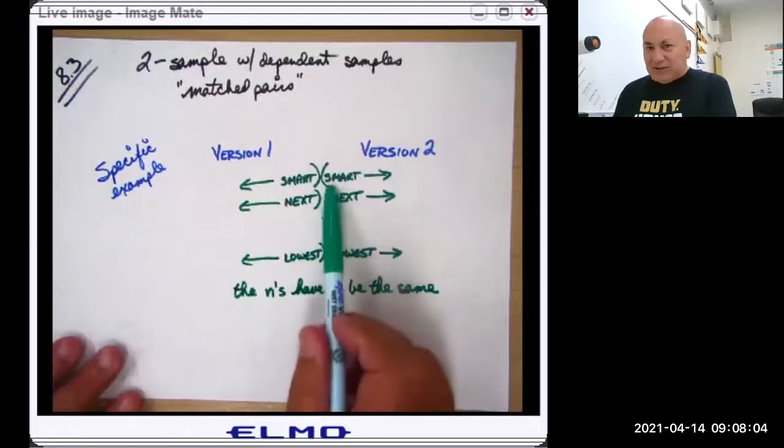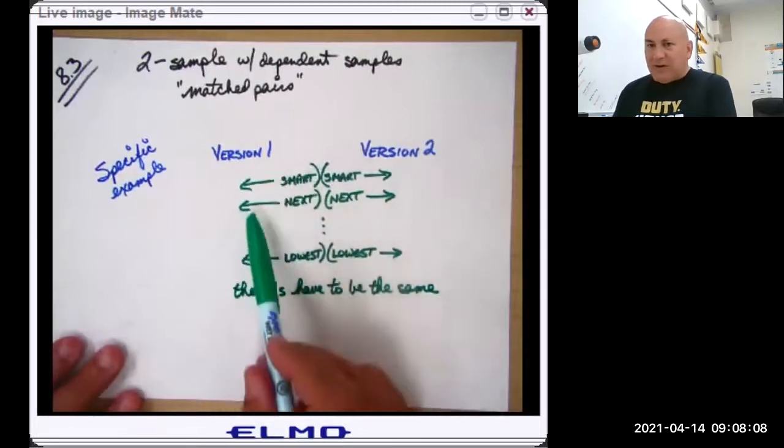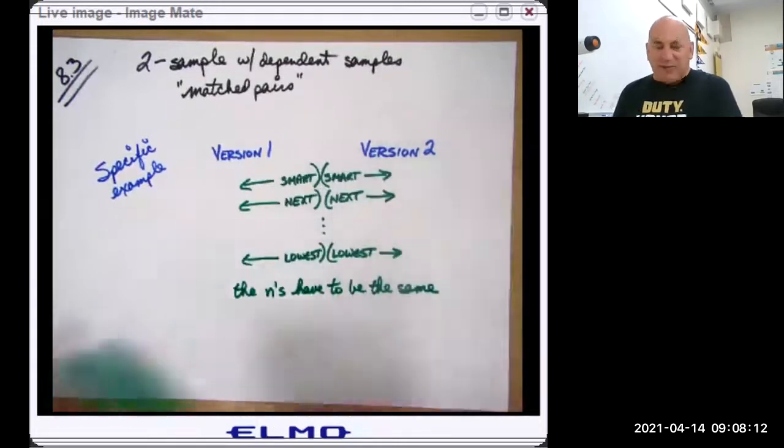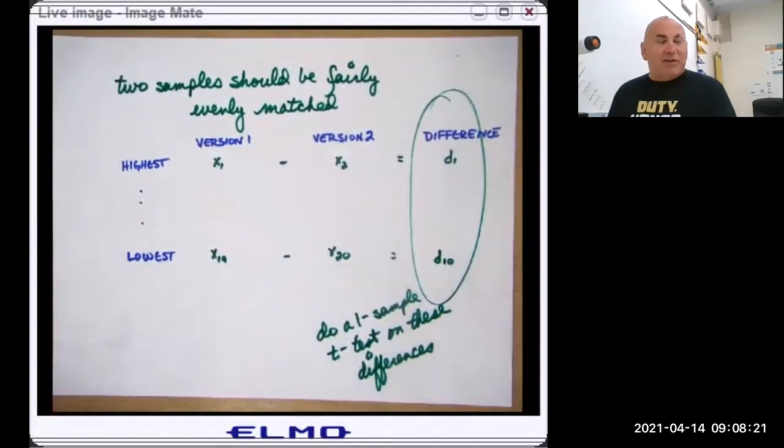So by doing it this way, I have a group of people over here that's pretty much matched in ability to this group of people over here. So my two samples, the group sent to version 1 and the group sent to version 2, should be evenly matched.